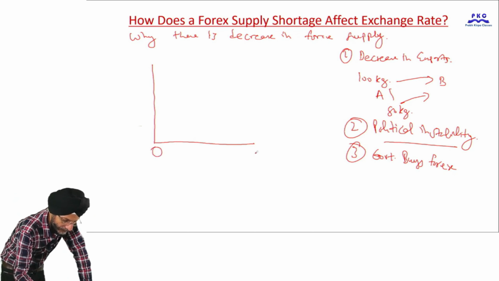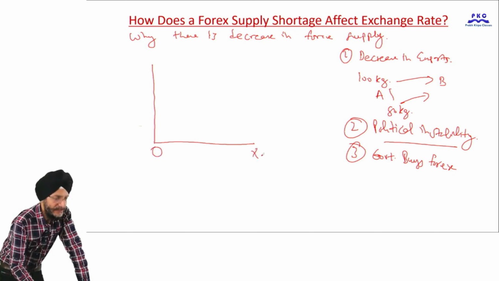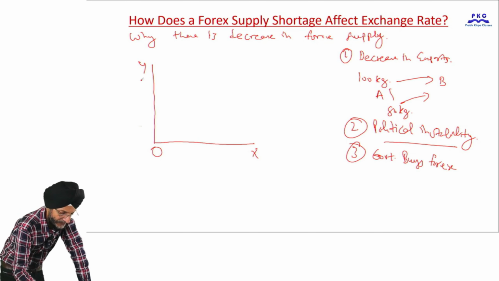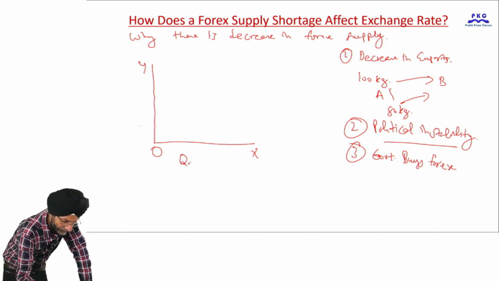So as you know that OX is the X axis, OY is the Y axis. On the X axis, we will study quantity of forex, foreign exchange supplied.